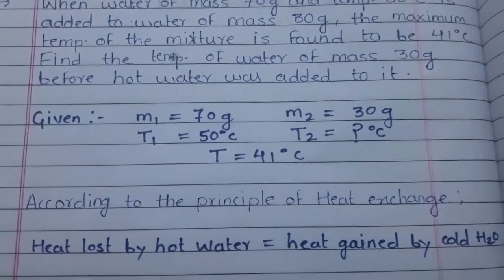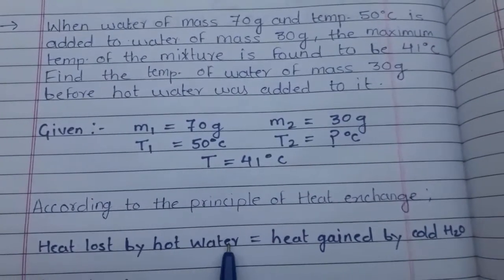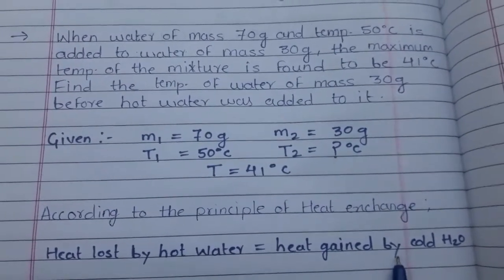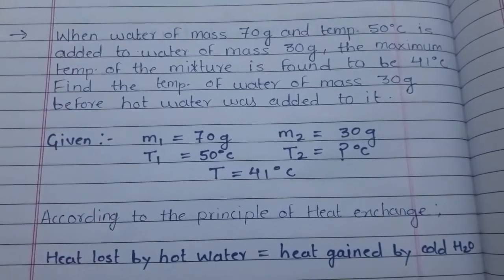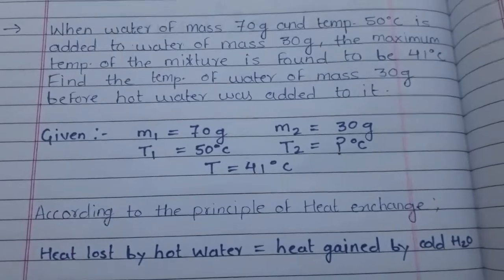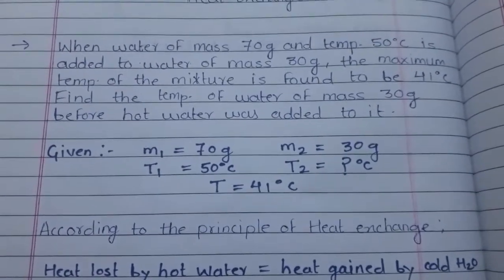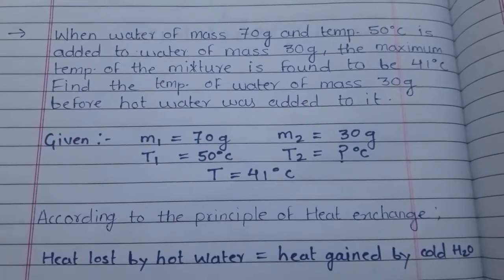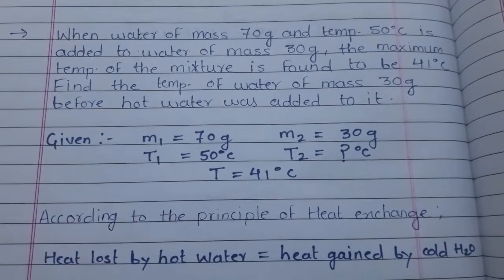That means the amount of heat lost by the hot water is equal to the amount of heat gained by the cold water, because we know the law of thermodynamics: energy can neither be created nor destroyed. It can only be converted from one form to another.